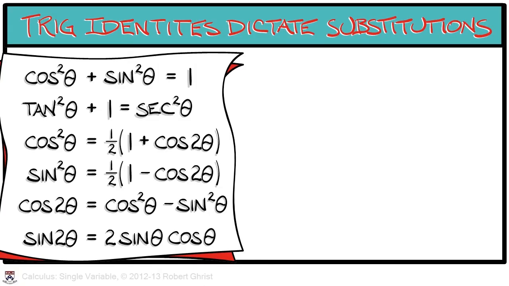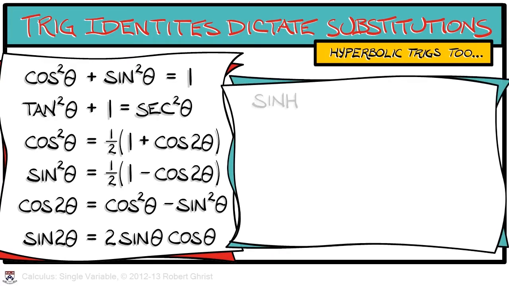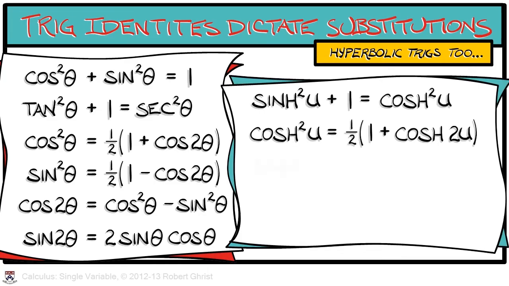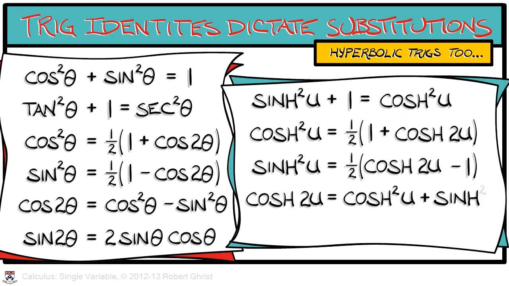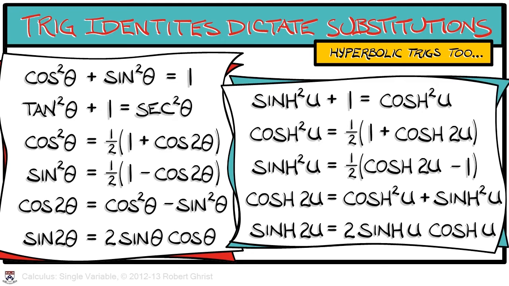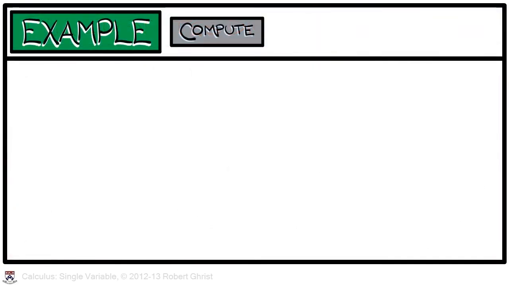Not all trigonometric identities need to be memorized, but the more you have in your head, the easier it will be to see which substitutions to use. Hyperbolic trigs are also useful, and you should at least have seen some of the basic simplification formulae for hyperbolic trigonometric functions.